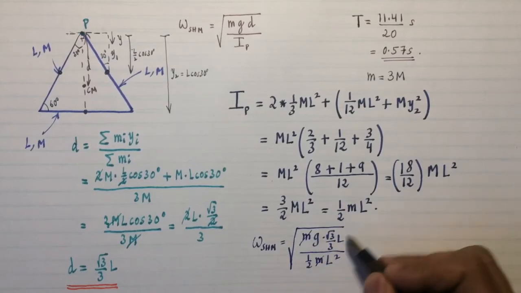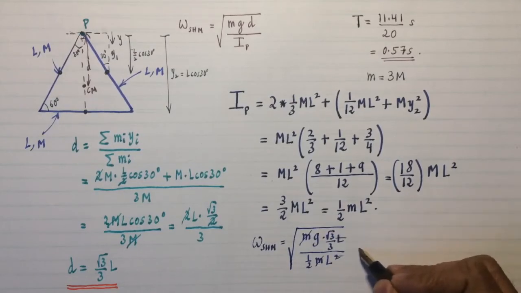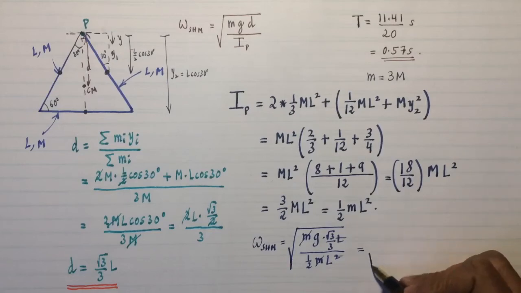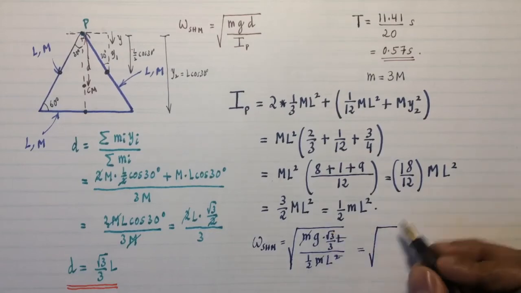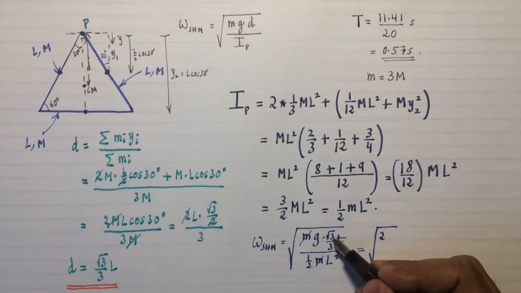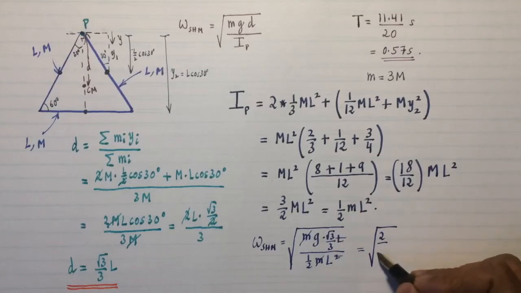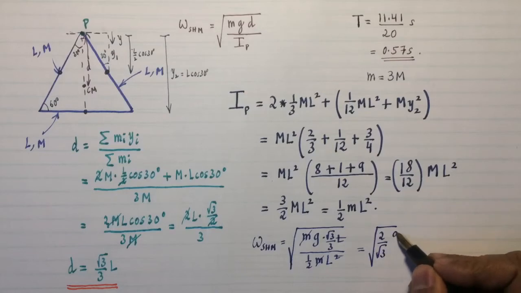The m's cancel out, one of the l factors cancels out, and then I have, let's see, this is 2 when it goes upstairs, and that's root 3 downstairs. 2 over root 3 g over l.